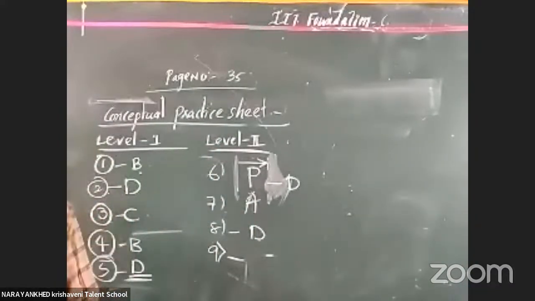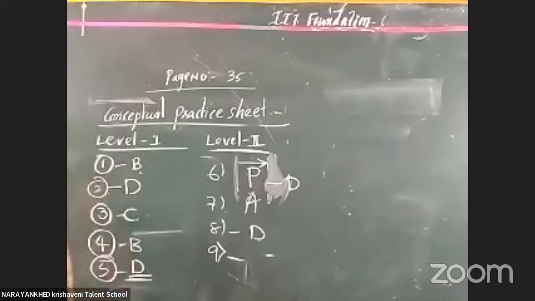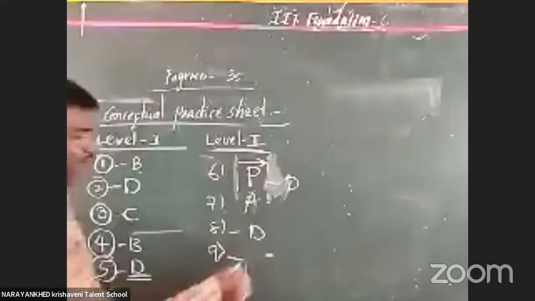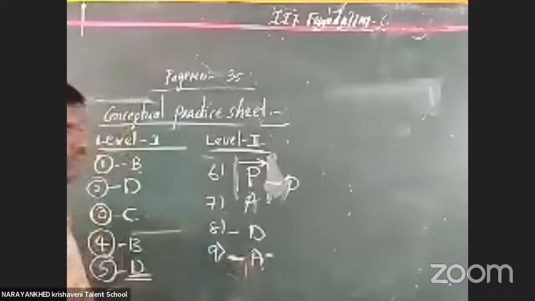Speed is a scalar and can be positive or negative, but velocity is a vector with no negative considered. That's why the ninth answer is A.